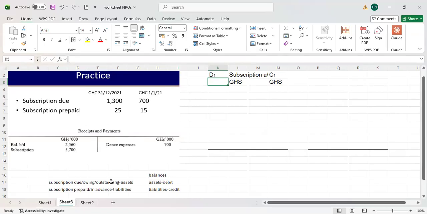We said subscription owing is an asset because they are monies that we expect to get from our members. So they are assets, and assets have debit balances. So in the subscription account, we are going to show our subscriptions owing here. Because it's at the beginning of the year, we would say subscriptions brought down.